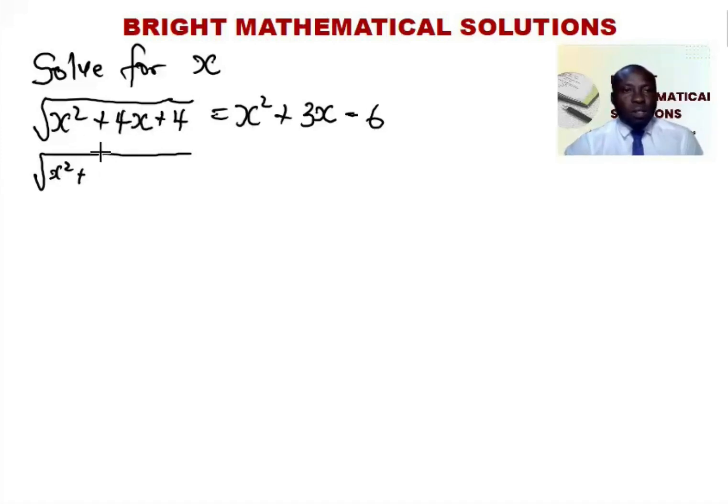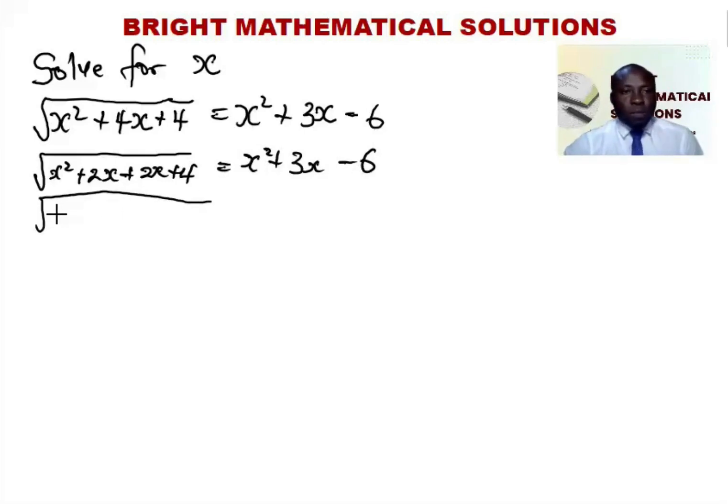We can factor this to be x squared plus 2x plus 2x plus 4 equals x squared plus 3x minus 6. If we factor this further, this becomes x squared plus 2x and 2x plus 4 equals x squared plus 3x minus 6.